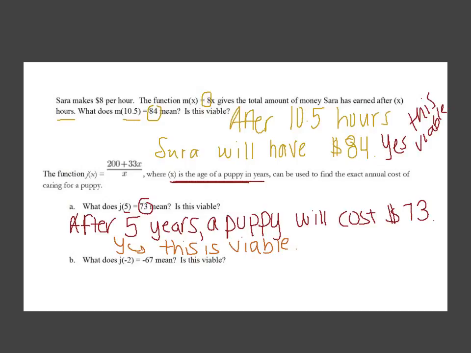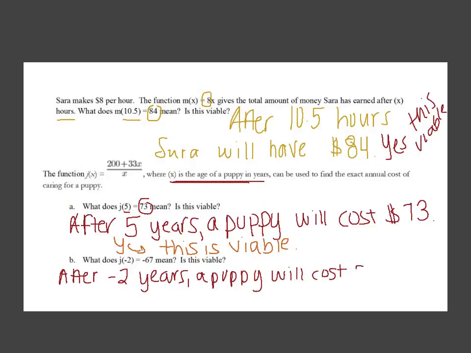Now looking at part B, it says, what does j of negative 2 equal negative 67 mean? So, remember my input is what's going in, so that's negative 2. So after negative 2 years, a puppy will cost negative $76.